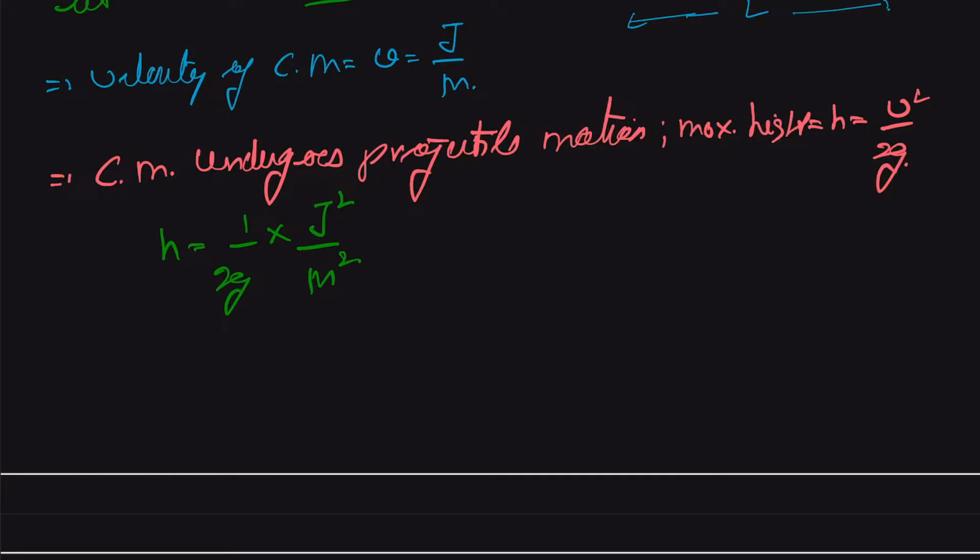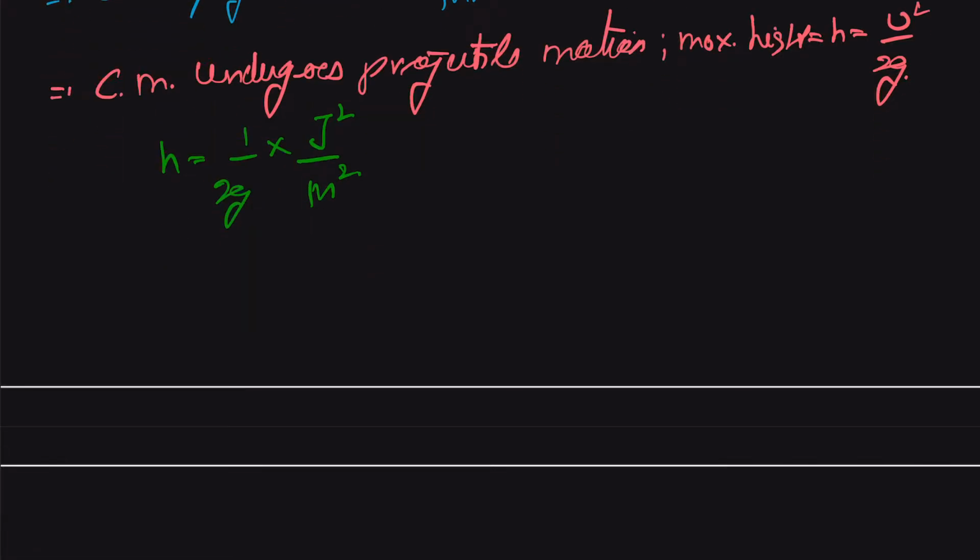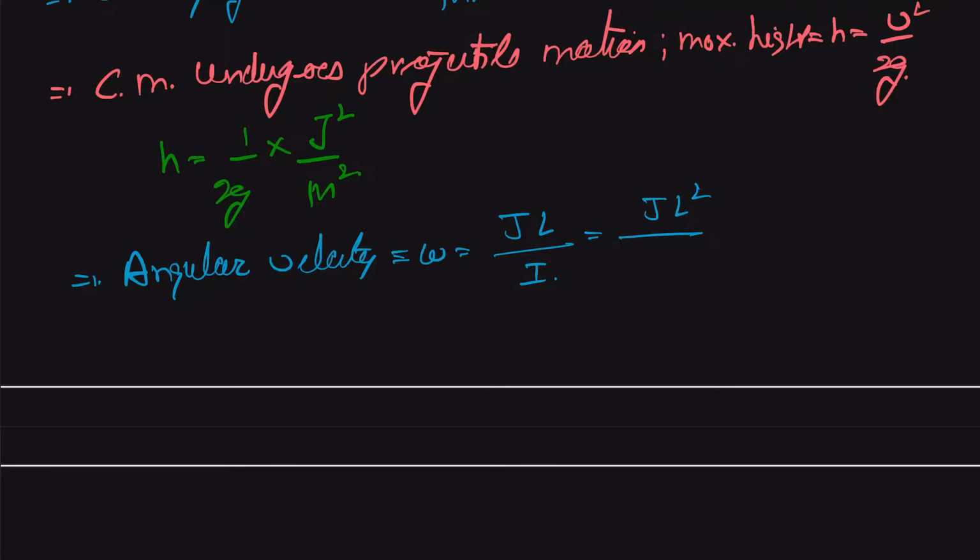And we can also find out its angular velocity. So we can say that our angular velocity omega will be equal to JL upon moment of inertia. Here L is the length. And we know that our moment of inertia is mL square by 12. Therefore, this comes as J times 1 upon 12 mL square.